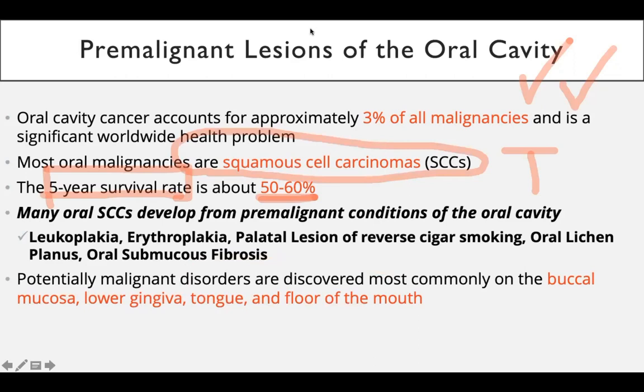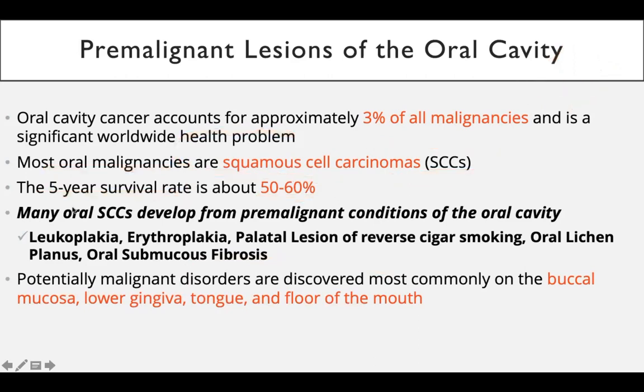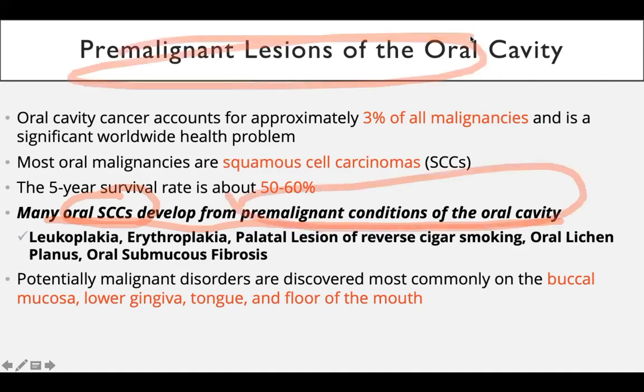Many oral squamous cell carcinomas develop from pre-malignant conditions of the oral cavity. So actually, the most common malignancy of the oral cavity, squamous cell carcinoma, develops from these pre-malignant lesions.